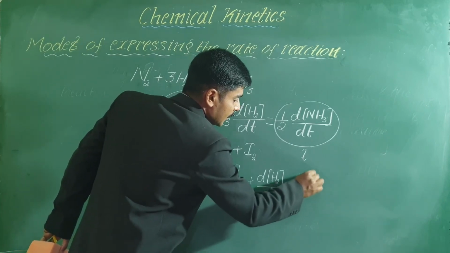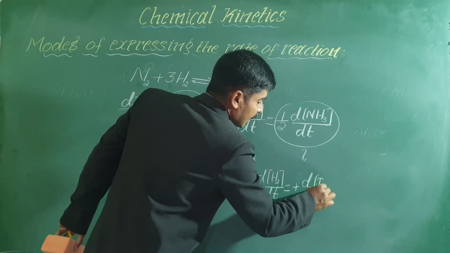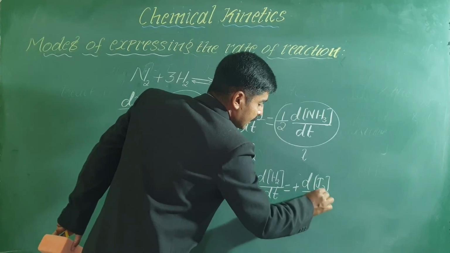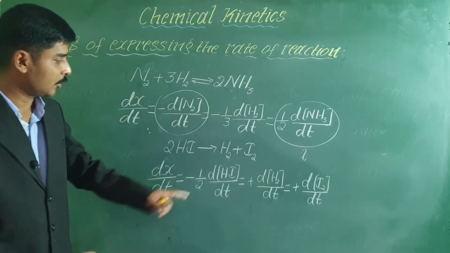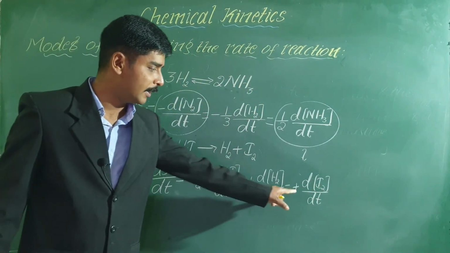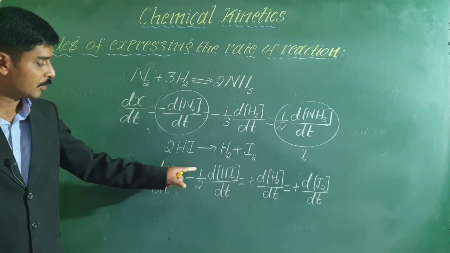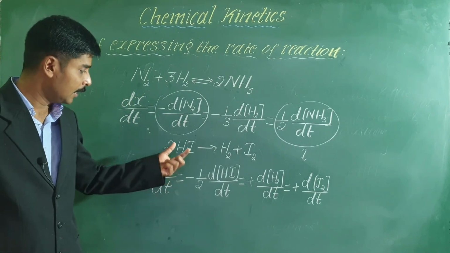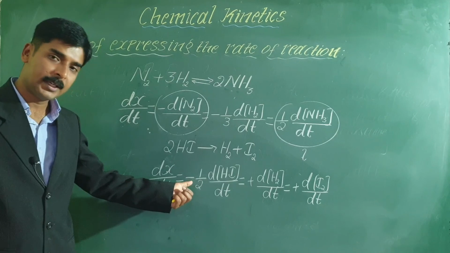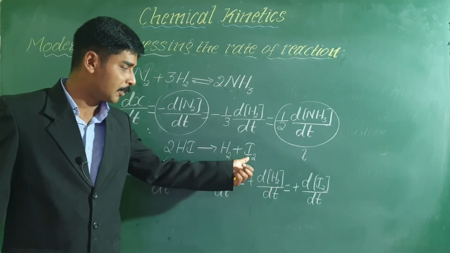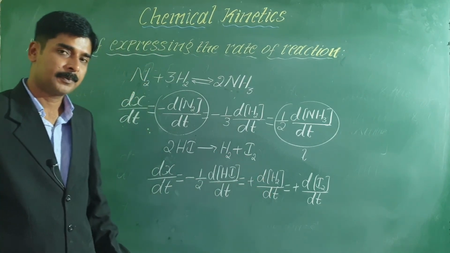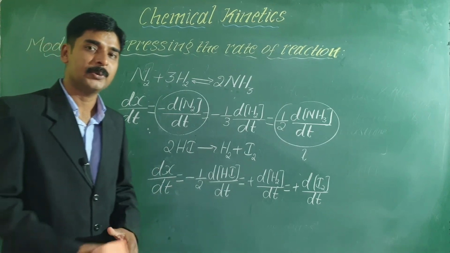This is equal to plus dI2 by dt. Here the stoichiometric coefficients are 1, that's why we have written it like this. But here it is 2, so you have to divide by 2. Remember, with respect to a reactant, you must always write minus. When you write with respect to a product, you will write plus. Is this point clear to you?